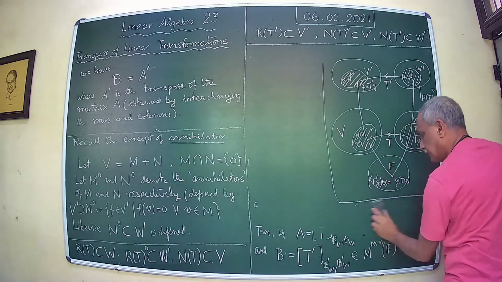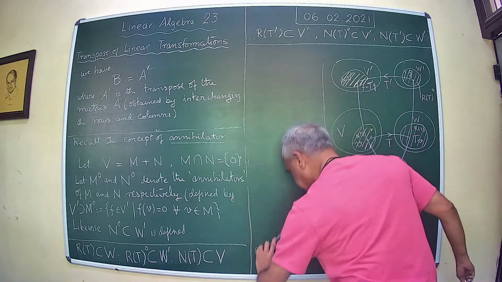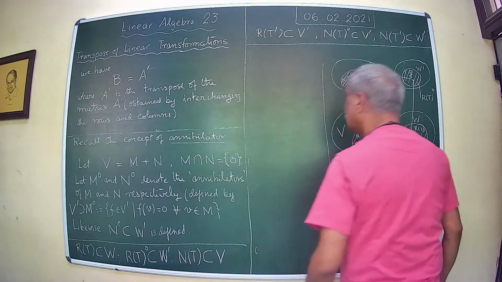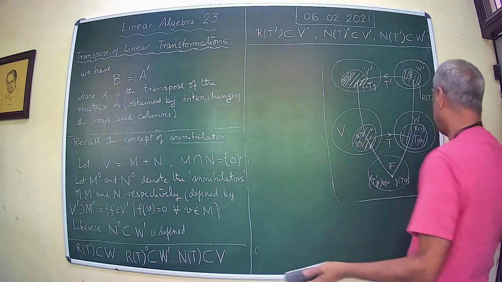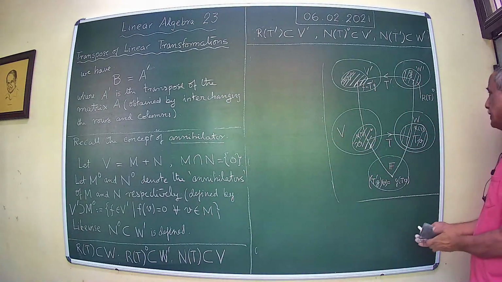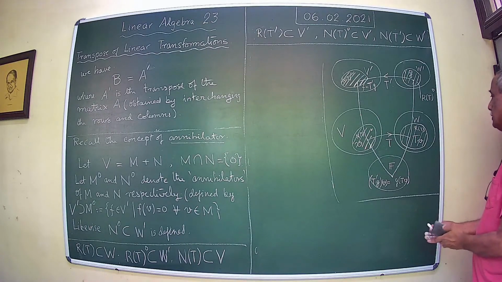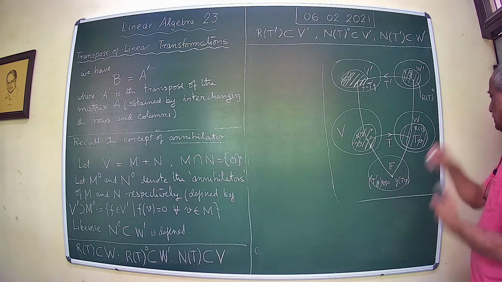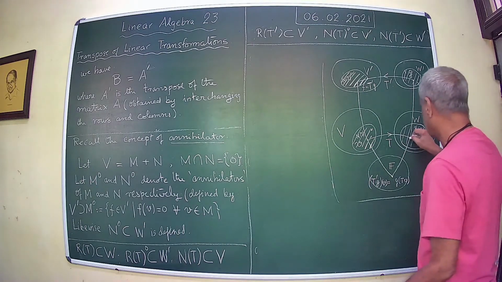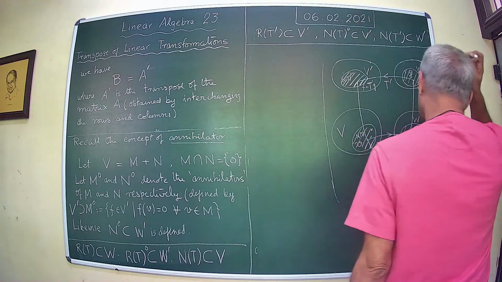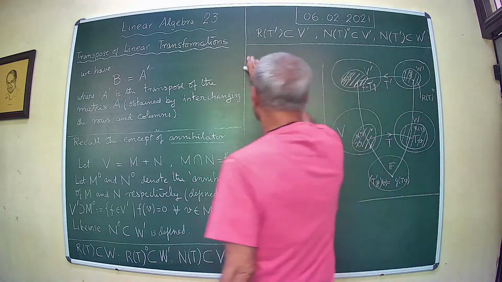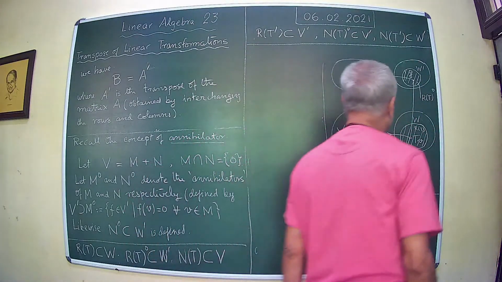Now let me try to explore the relationship and then we will finalize this. Now you see that we have the following connection. So let me roughly look at what it is that you expect. So what is the basic relationship between T and T prime?